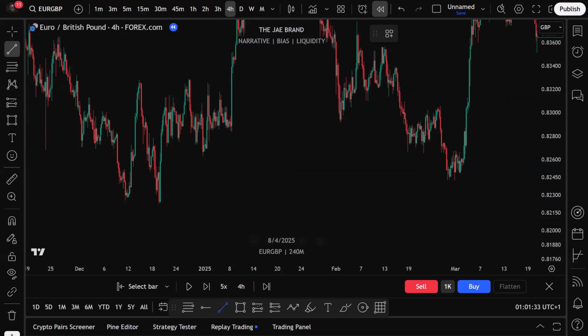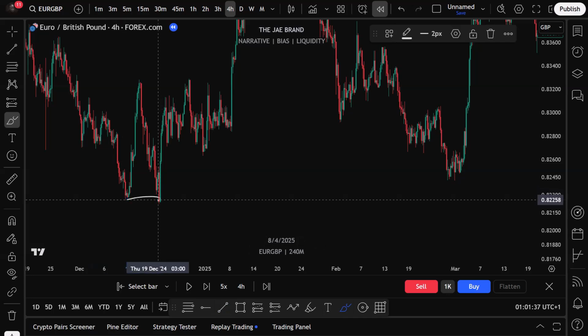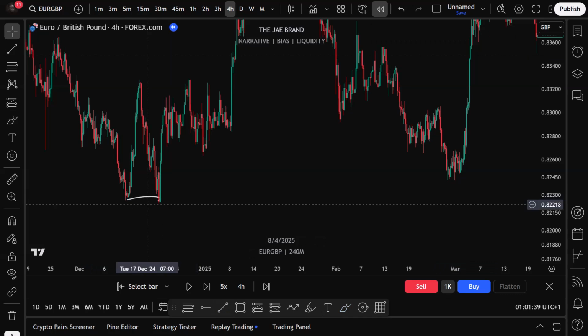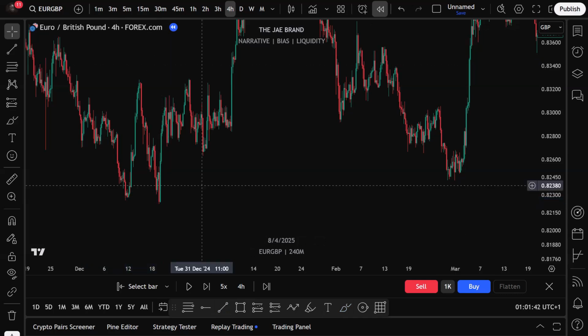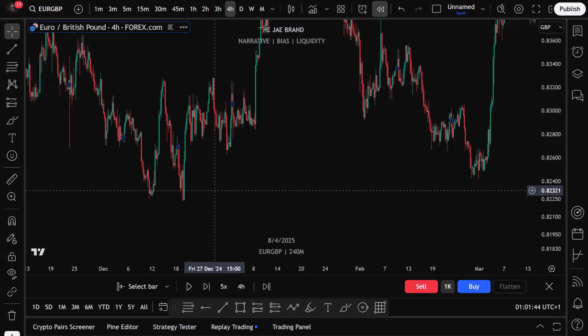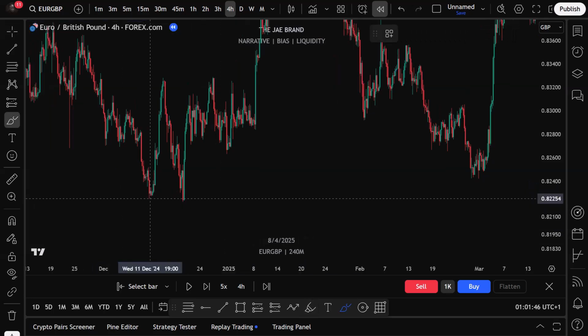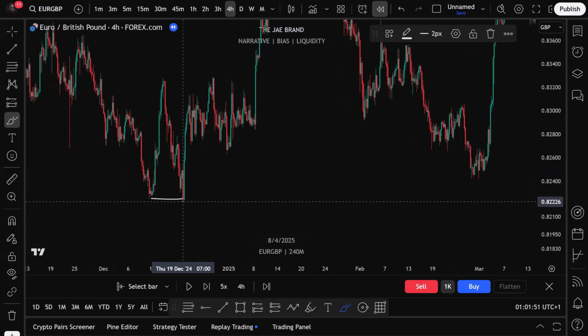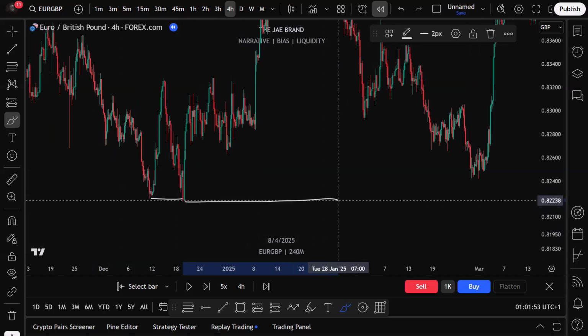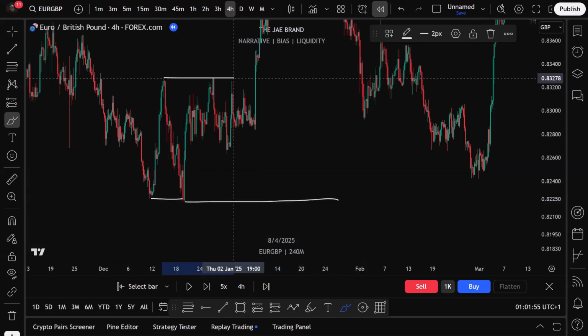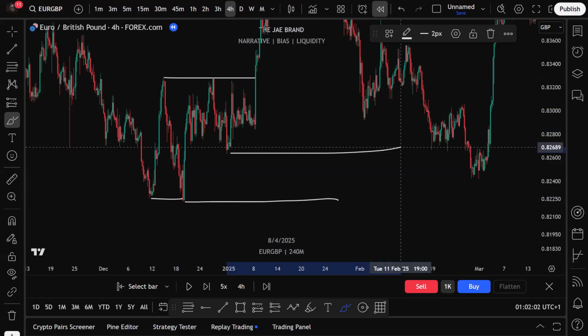This is a sweep of this low. This low is supposed to be protected. This is our current break of structure, which is our transactional liquidity, and then this is our structural liquidity.